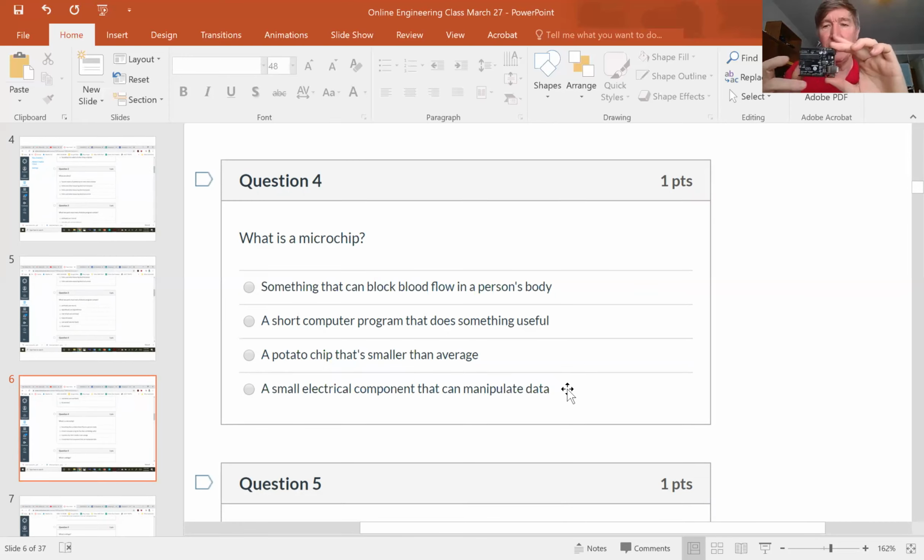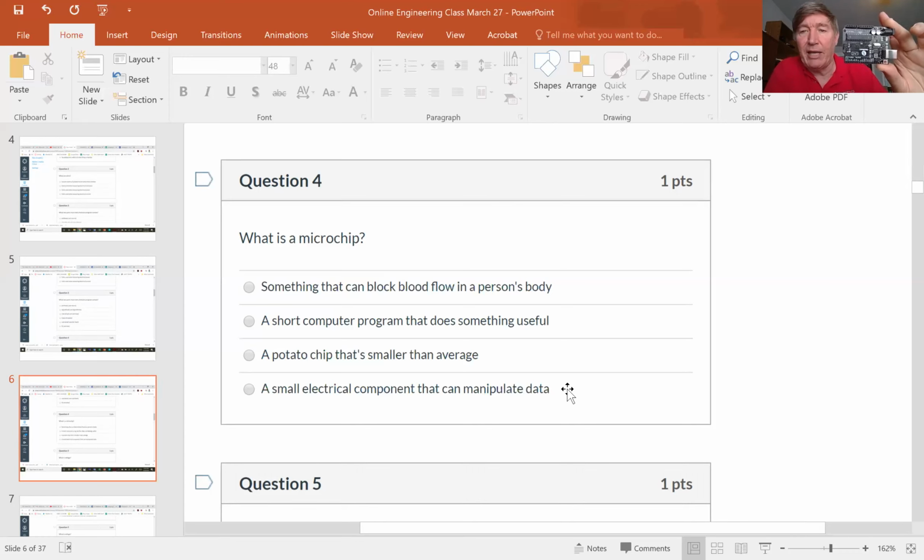So on the Arduino, this thing right here, that is the microchip. The rest of this stuff is just stuff that feeds information into it and out of it. But this thing right here, the chip there, that is a little piece of silicon that's got some really cool stuff in it. And so it acts as a little brain, and you can program it to do various things depending on what the inputs and the outputs are. So that is a microchip, and that's what I spent my career making.